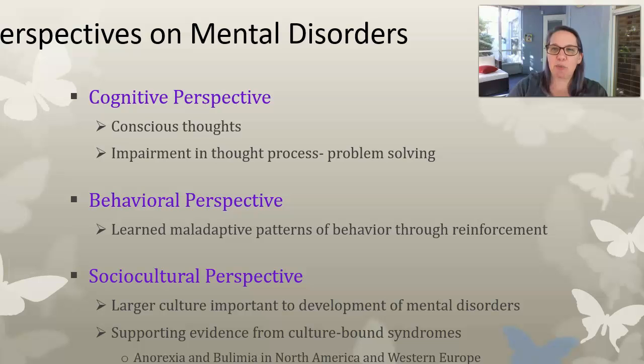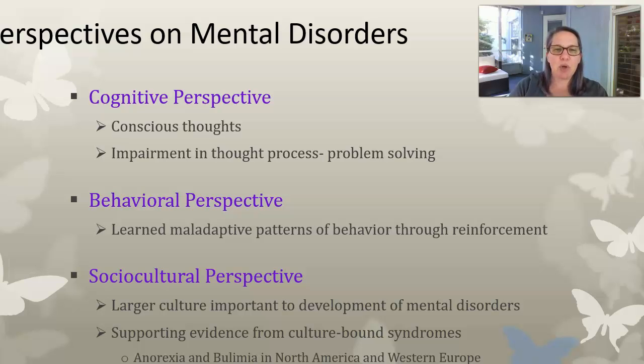Our cognitive perspective would say that there is something wrong with your thinking and your thought process, your problem-solving ability. And that's what needs to be fixed in order to fix your mental illness. The behavioral perspective, remember learning theory, operant conditioning, and classical conditioning. So the behavioral perspective would say that you learned maladaptive patterns of behavior through being reinforced.